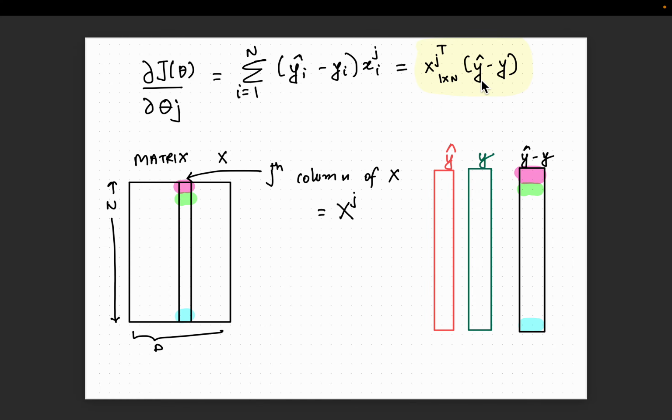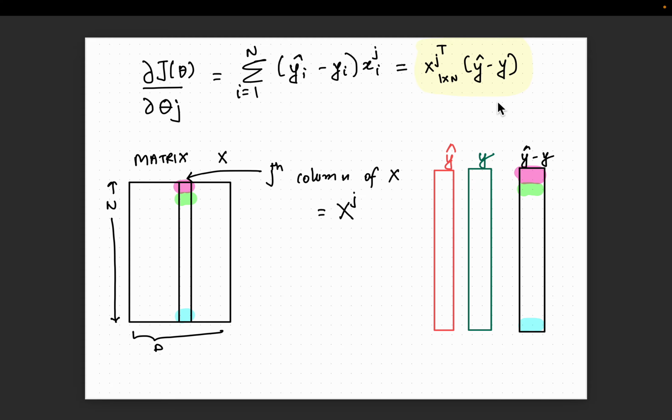And if we do the matrix product with y hat minus y, which is an n cross 1 dimensional vector, we get 1 cross n times n cross 1. You get a scalar, which is what you wanted, with the correct terms being multiplied. So therefore, we can now vectorize the partial of the cost with respect to the jth element of theta to be the jth column of x transpose times y hat minus y.